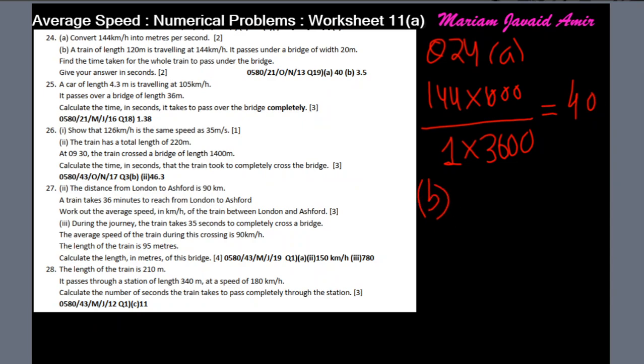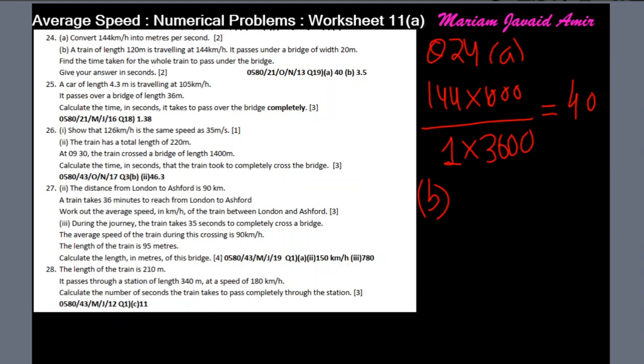Part B. A train of length 120 meters is traveling at 144 kilometers per hour. It passes under a bridge of width 20 meters. Find the time taken for the whole train to pass under the bridge.